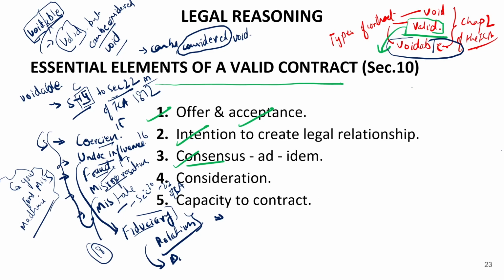That type of transaction is considered misrepresentation, and it cannot be considered a valid contract. It will be considered a voidable contract. If misrepresentation is present, it will be considered a voidable contract, and the same goes for mistake also.